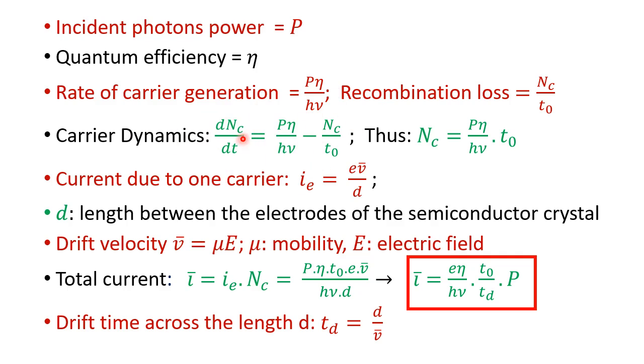So in steady state, if I have the photon flux constant, then the carrier dynamics is going to remain constant. That would mean that dn_c over dt is equal to 0, and thus you see that the number of carriers generated is proportional to the recombination lifetime. So the number of carriers is proportional to the power input.